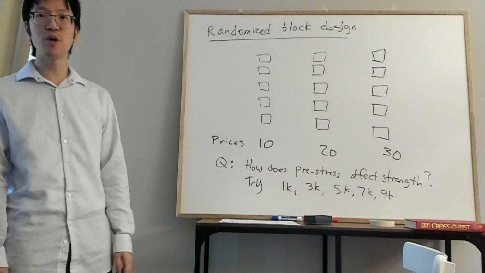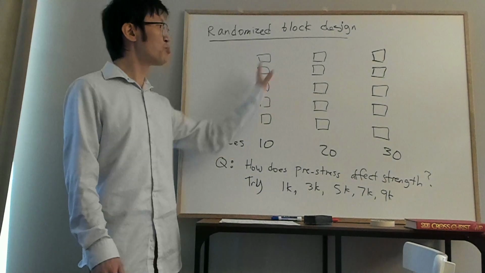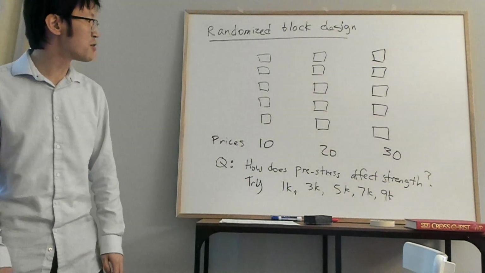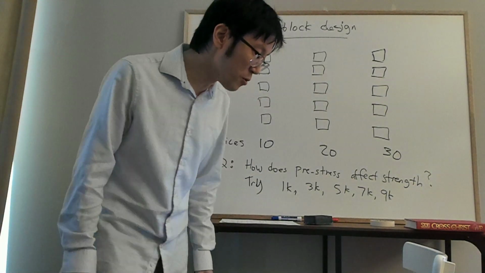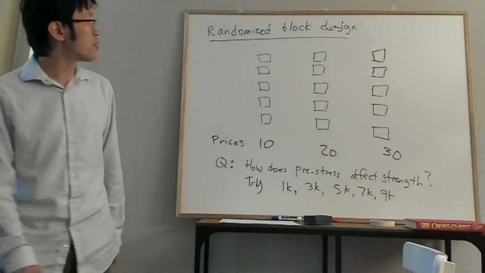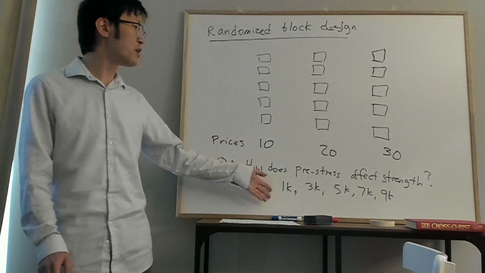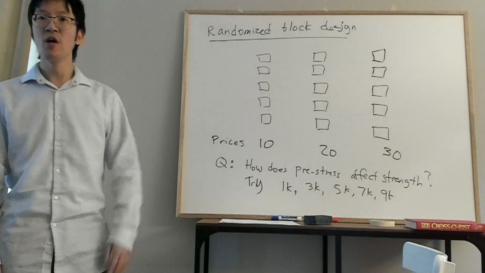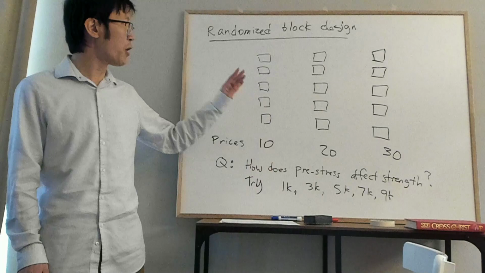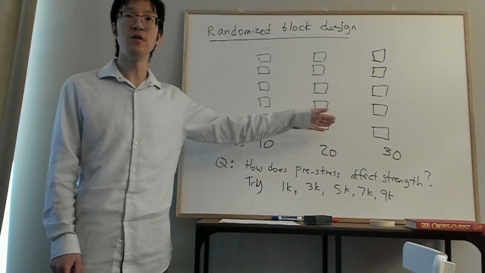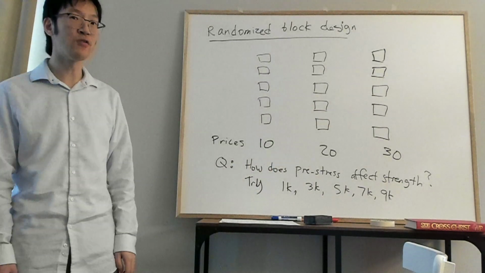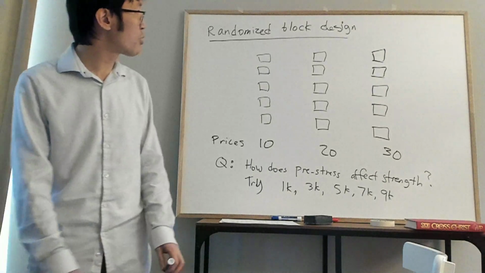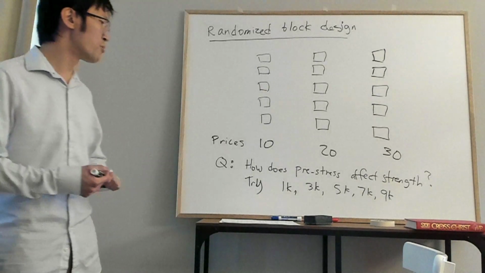And so here's the key point about blocking: if we simply mixed up these 15 pieces, then we might not be able to detect the difference between these stress levels. These differences, if any, would be clouded by the inherent difference in these 3 classes of lumber. So that's how blocking would be applied to this example.